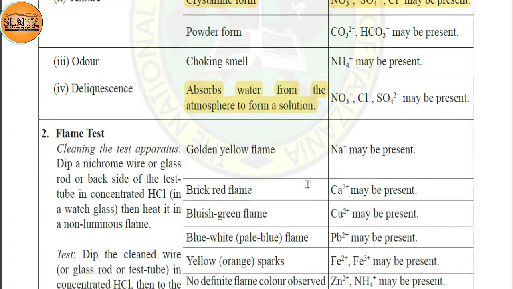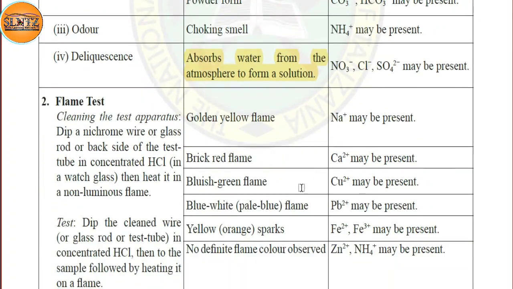Another test is the flame test. When you perform the flame test, make sure you have concentrated hydrochloric acid and a test tube, nichrome wire, or glass rod. Among these you have to choose one, either test tube or glass rod or nichrome wire, not both.